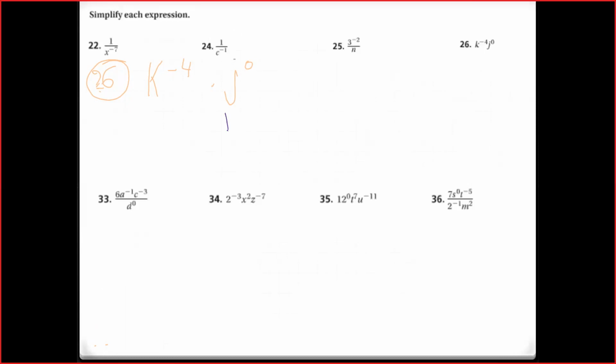Now k to the power negative 4. What is the reciprocal of k? 1 over k. And what is the opposite of negative 4? Positive 4. Thank you. Multiplied by 1. Now 1 over k to the power 4 multiplied by 1 is what? 1 over k to the power of 4. Exactly. That's it. Is it clear now?